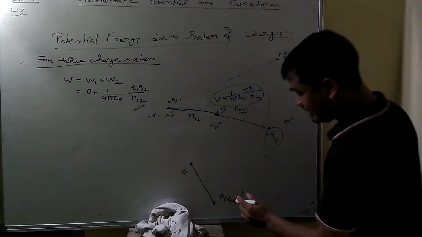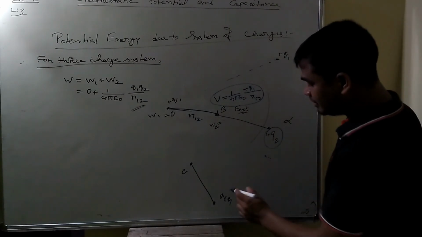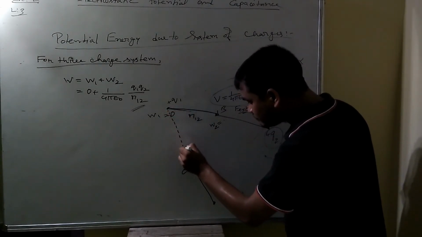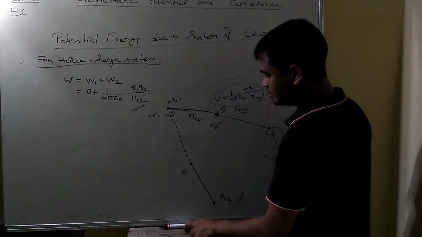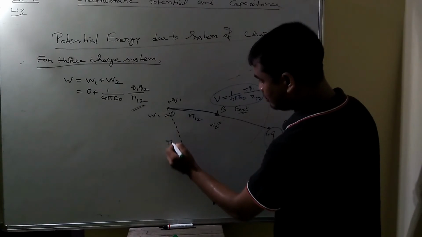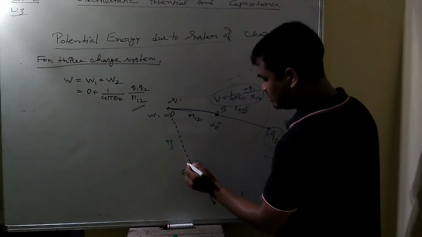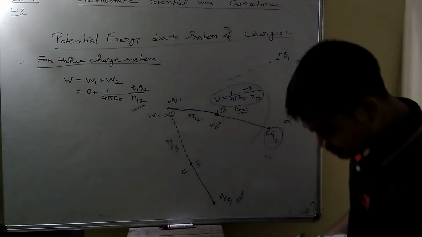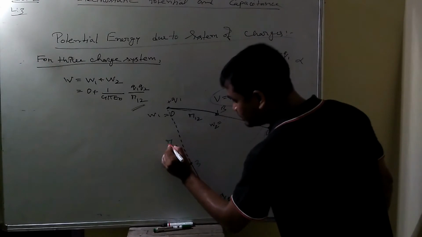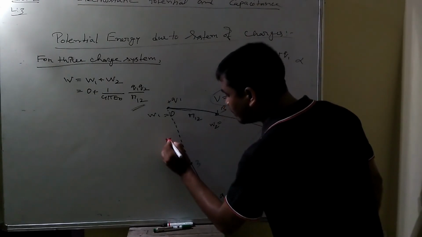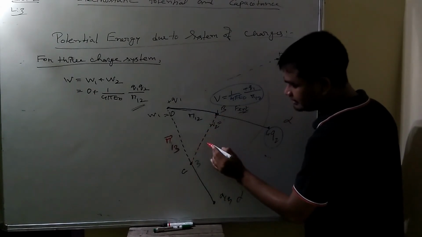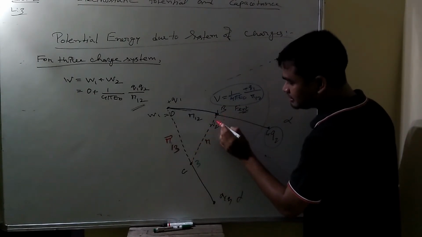Now we are going to bring another charge Q3 from infinity to the point C, which is at a distance, let us consider, R13 from A. Again, B is at a distance R23.